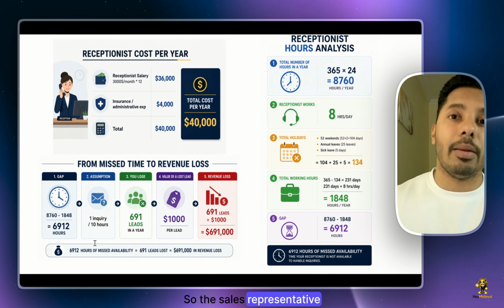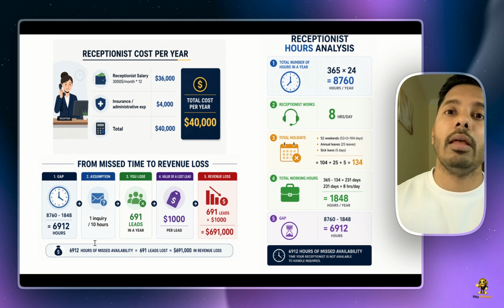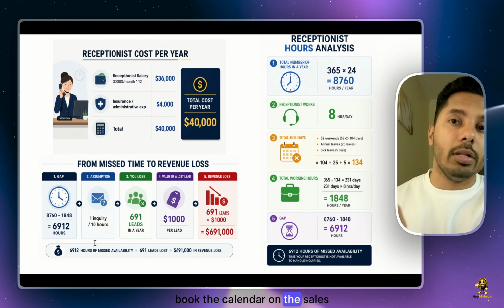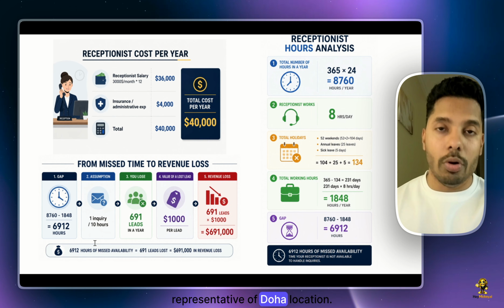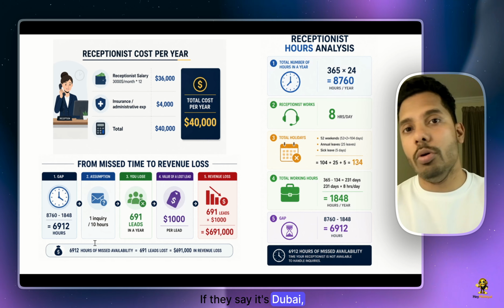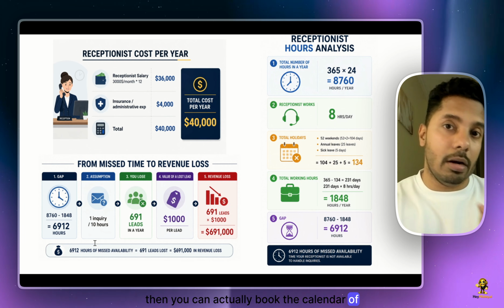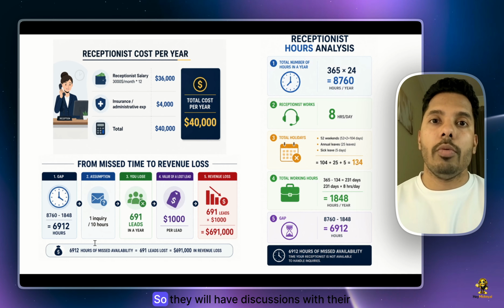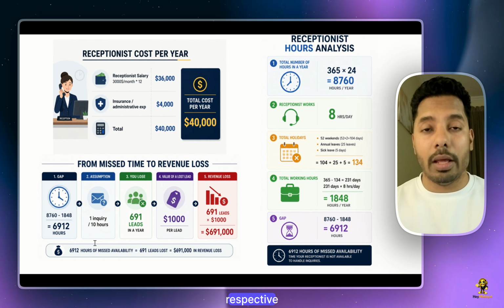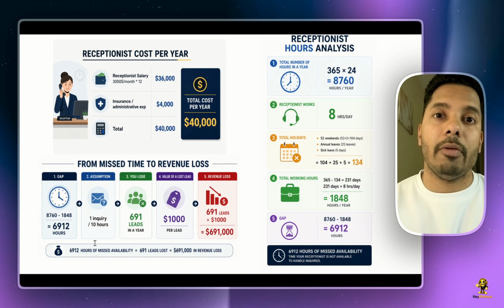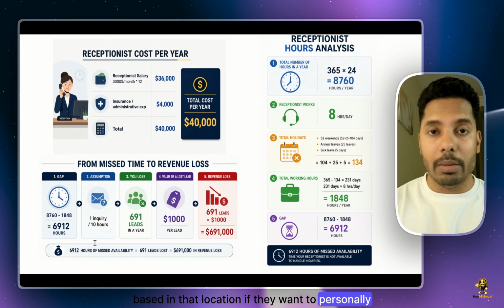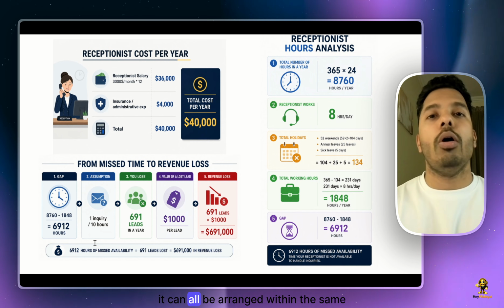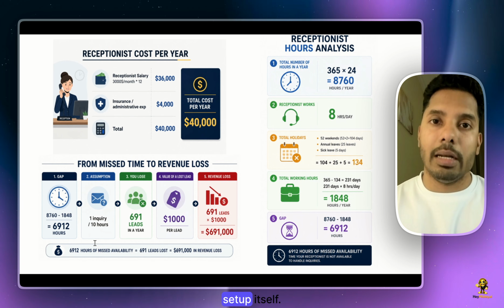If it's Doha, the Doha sales representative's calendar will be displayed, and you can immediately book it. If they say Dubai, then you can book the calendar of the sales representative at the Dubai location. So they will have discussions with their respective team based in that location. If they want to meet personally, or if you want a Zoom call or a Google Meet call, it can all be arranged within the same setup itself.